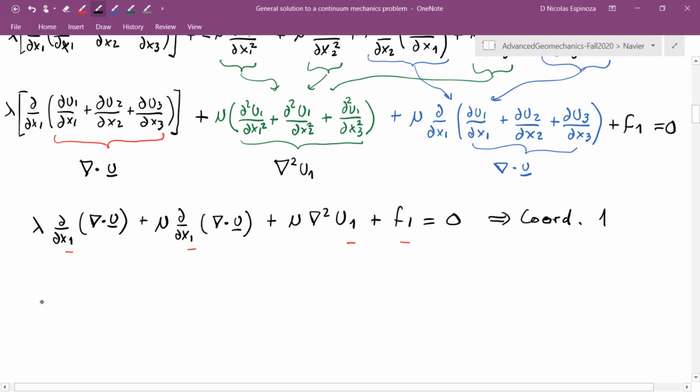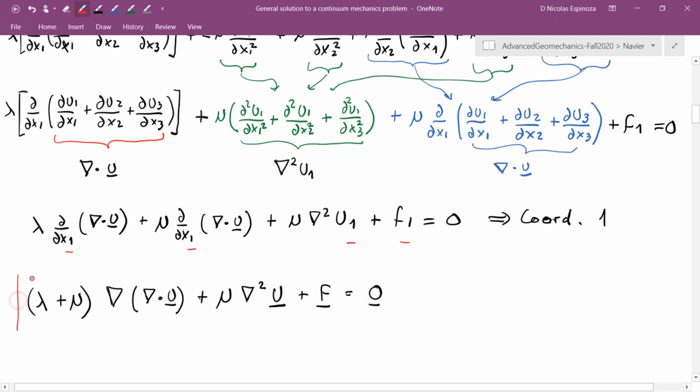And this is going to be lambda plus mu, which comes from over here, times the gradient of the divergence of the displacement, and this involves these first two terms, plus mu, the Laplacian of the displacement vector now, plus the body force in vectorial notation is going to be equal to 0 vector as well.